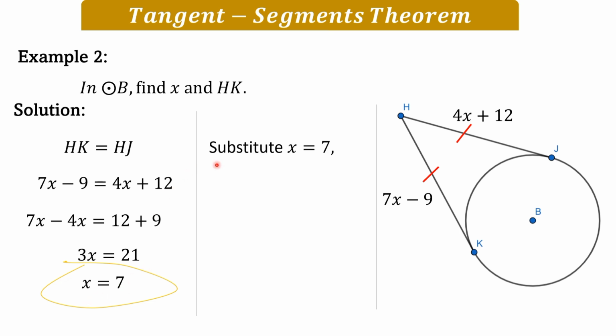Then substitute the value of x, that is 7, to the length of HK, which is 7x minus 9. We have 7 times 7 minus 9. Therefore, the length of HK is 40 units.